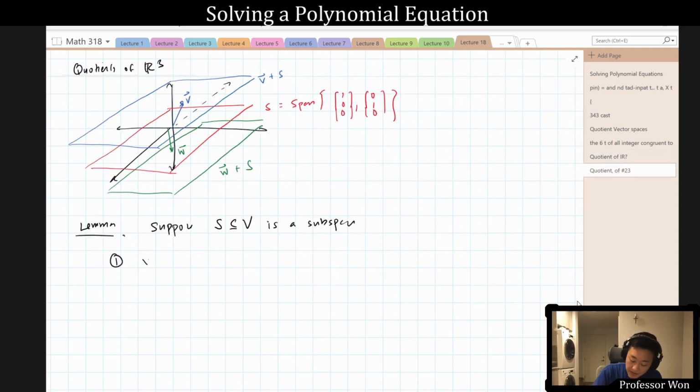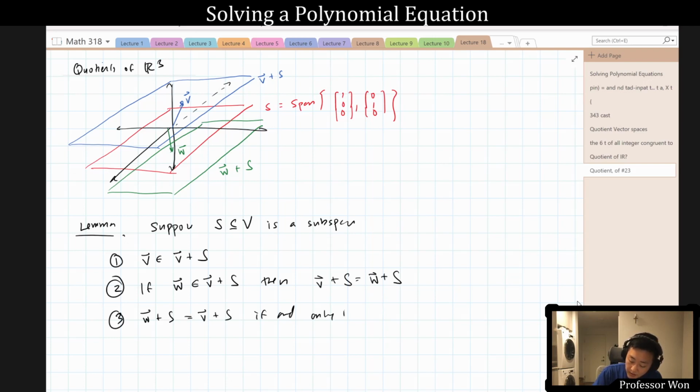One: V is actually in V plus S. Two: if W is in V plus S, then V plus S equals W plus S. And three: W plus S equals V plus S if and only if W minus V is in S.